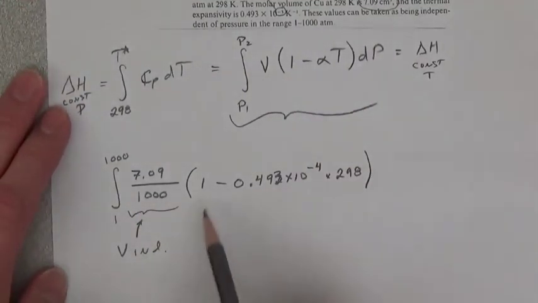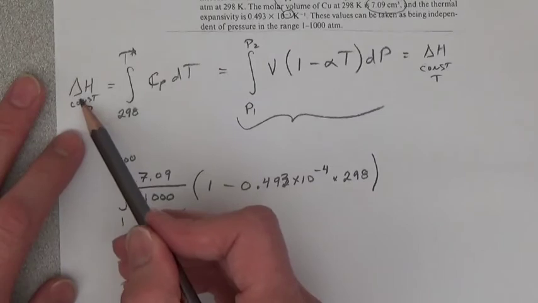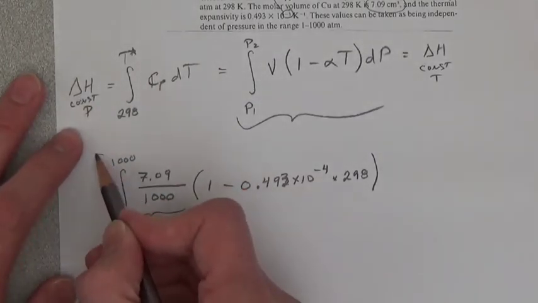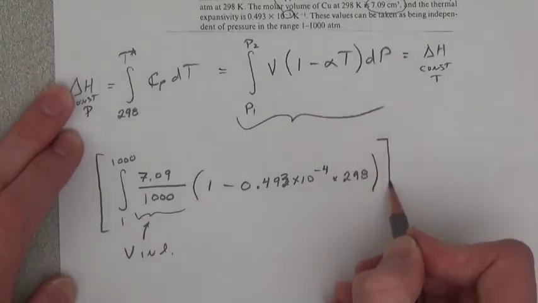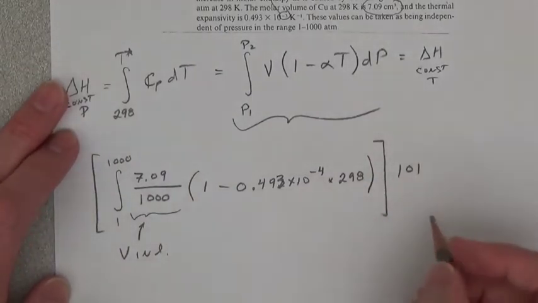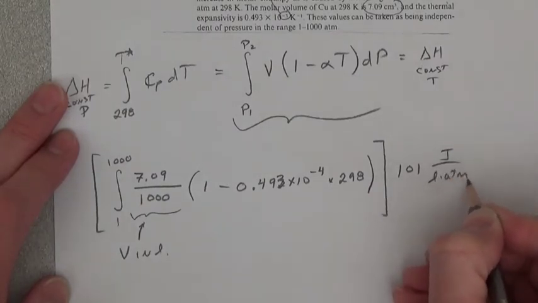All of this is giving us liter atmosphere, and because we're working in joule per mole, this has to be times 101, that's joule per liter atmosphere.